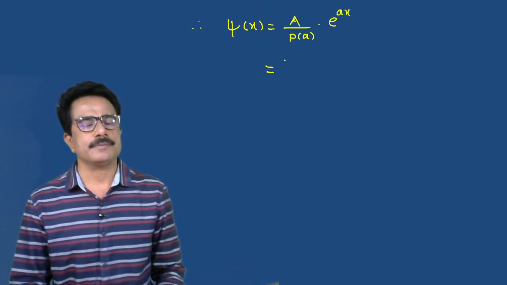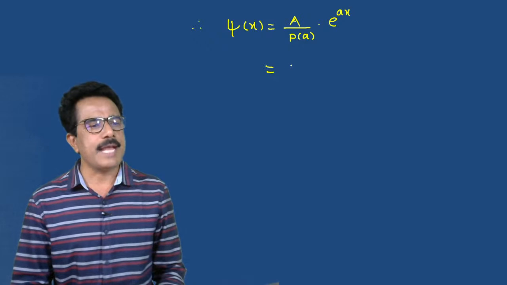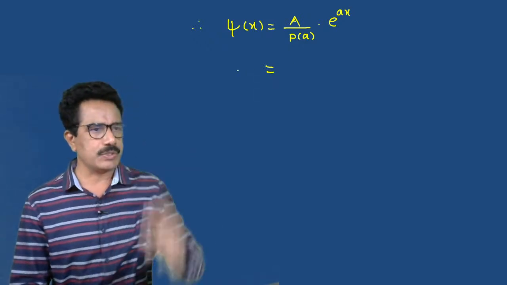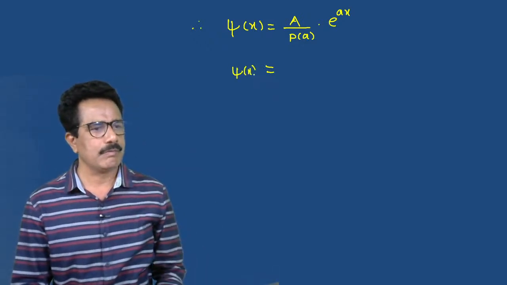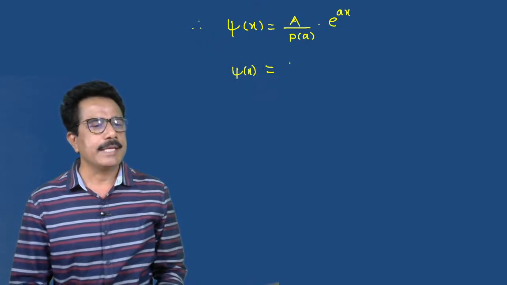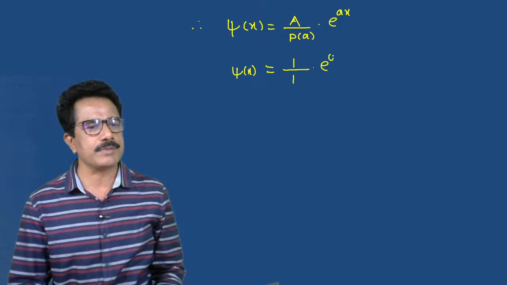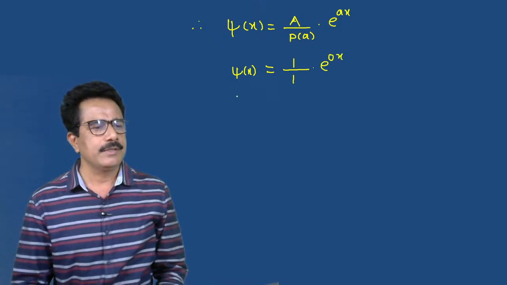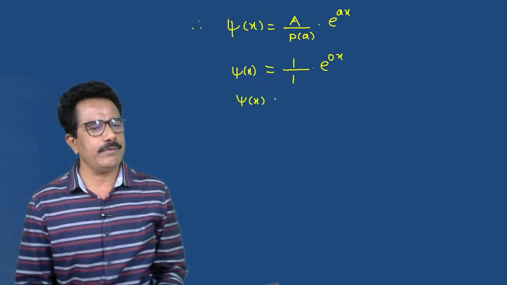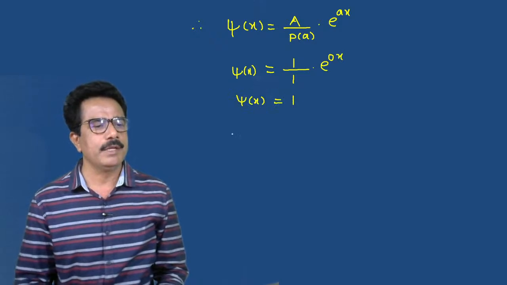So psi of x equals: capital A means 1, P of a means 1, e raised to ax means e raised to 0 into x, so psi of x equals 1.